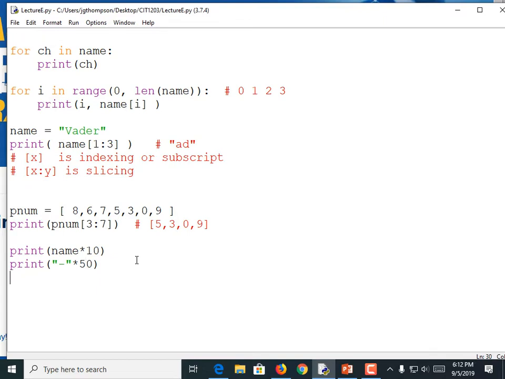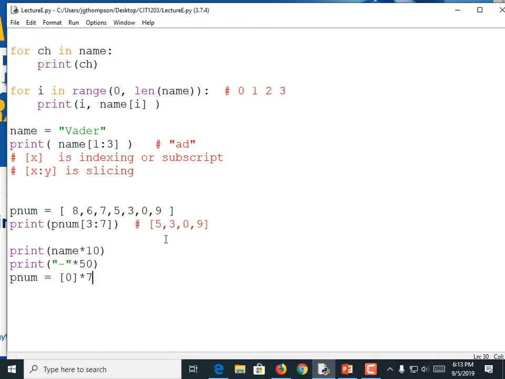The other is if I want to declare a list of values of a certain length. And I'm going to show you a syntax that I'm absolutely not expecting you to remember this time. But if I wanted to, I could do pnum equals, I'm going to erase this value and replace it, square 0 in square times 7.